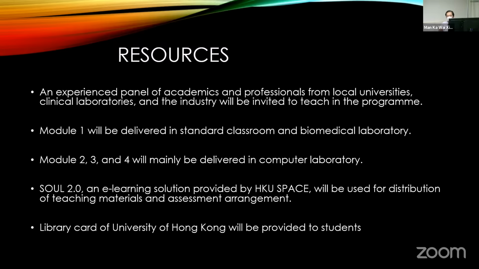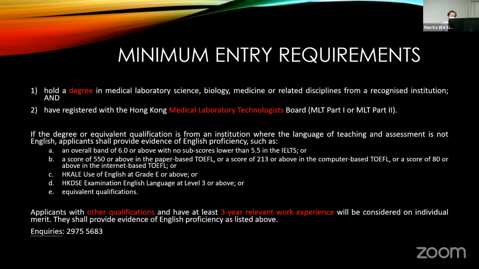We have our online platform to support you to study. All the data examples can be uploaded and downloaded from our e-learning platform, and students will be provided library cards. So you have this additional resource from the University of Hong Kong library. You can borrow books, find useful information, and access online resources.